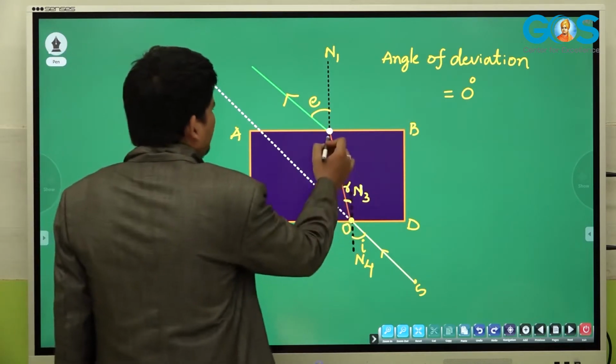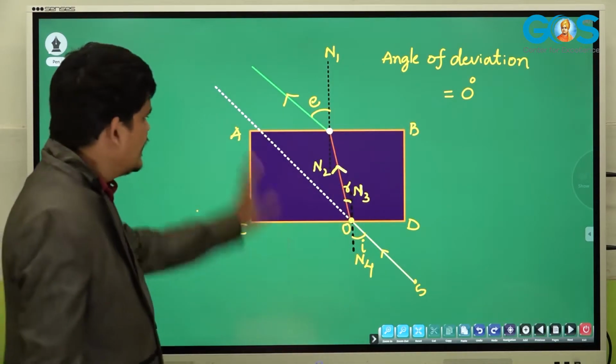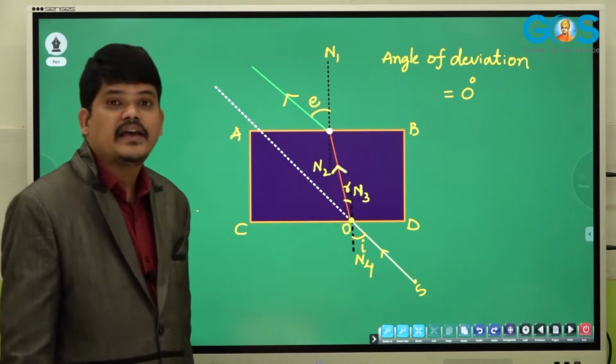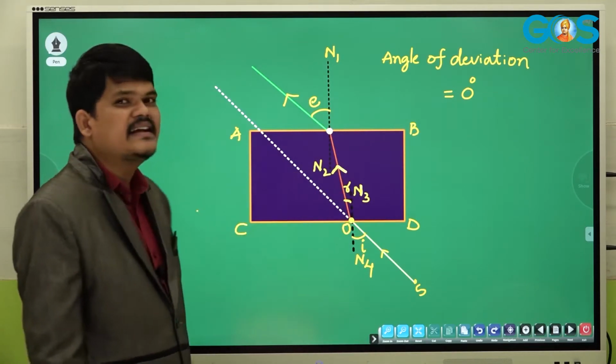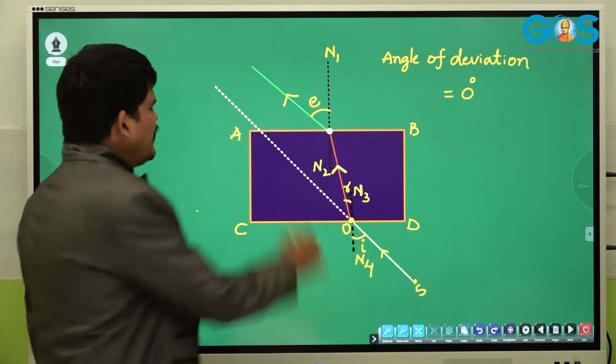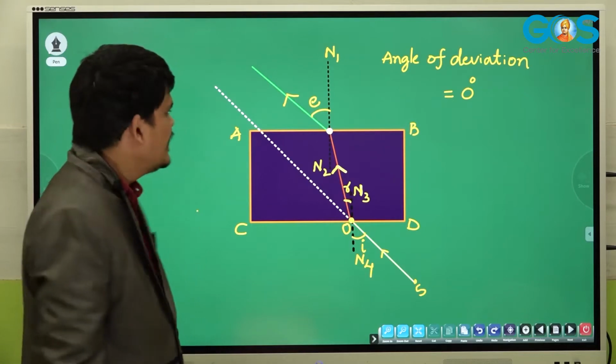Again, this refracted ray meets the side AB as an incident ray, for the side AB of the rectangular glass slab.